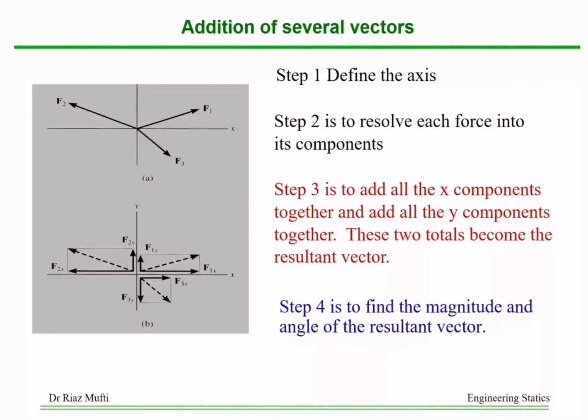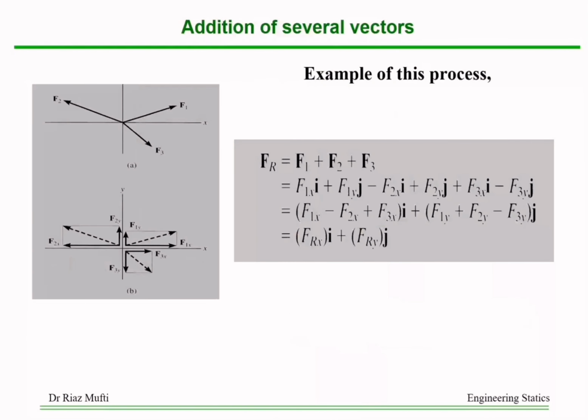But let's have a look. So what we've got here, we have our F1, F2, and F3 vectors. If I look at F1, I've got its components here. No, sorry, that's the component of F1.